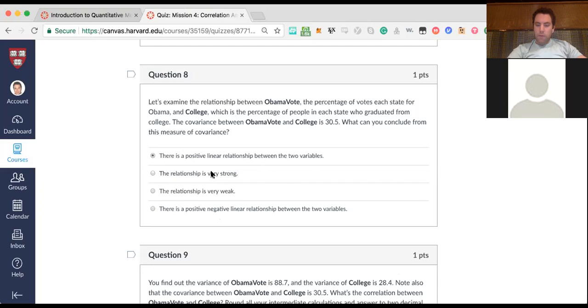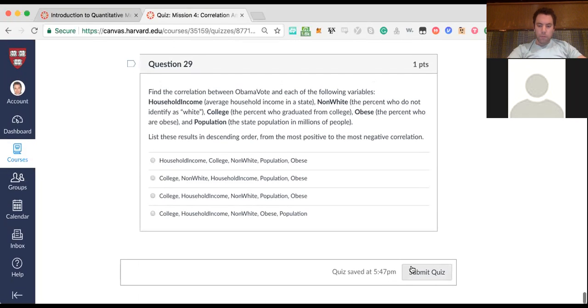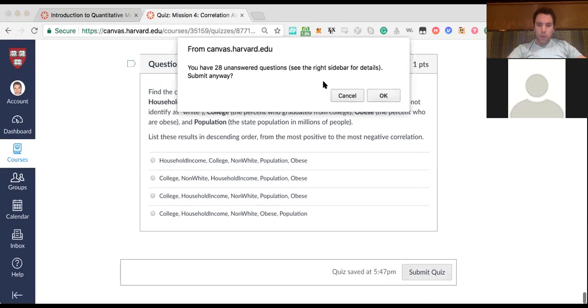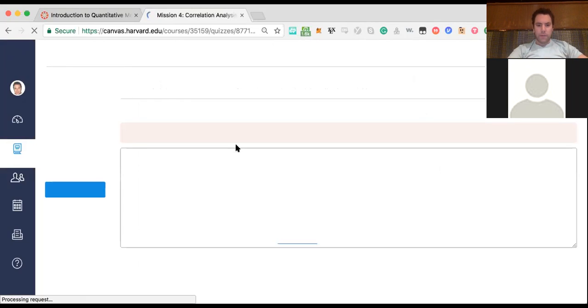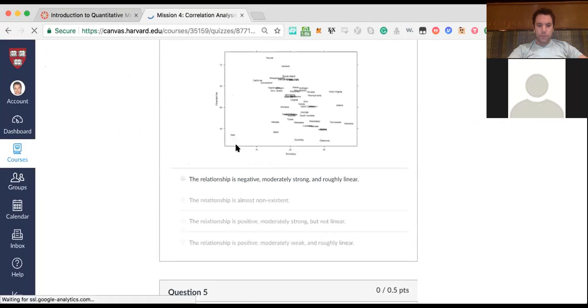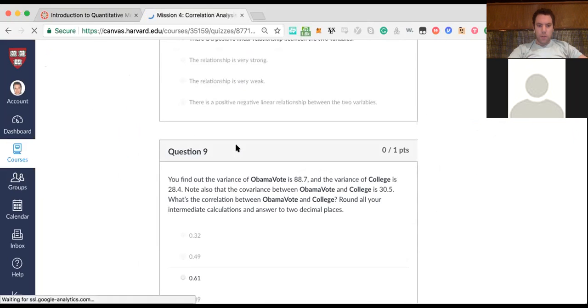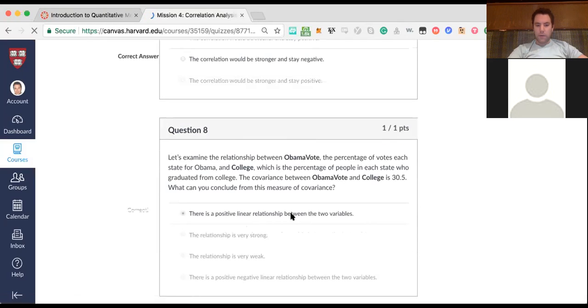I think it randomizes the choice of the answers. Just to confirm, we can test that it's working correctly. Here it says the first choice is correct.